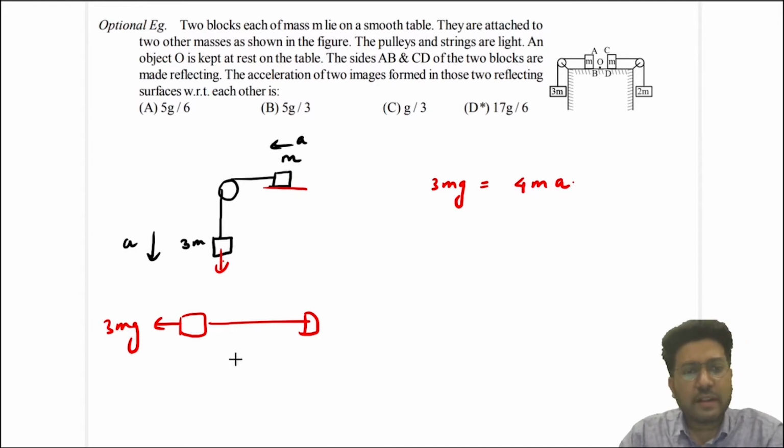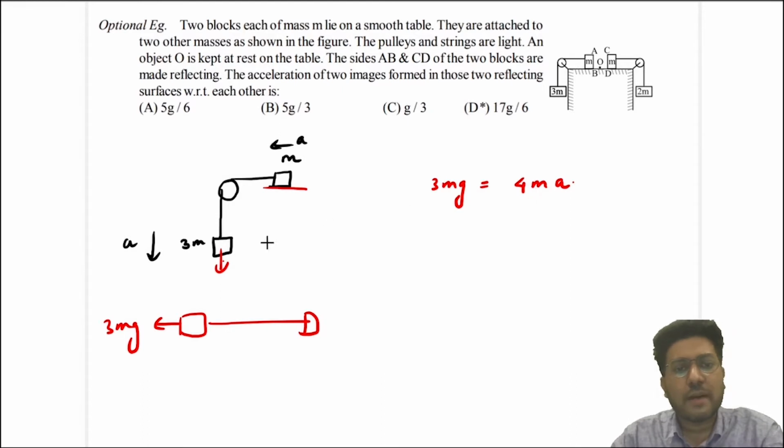So the net force on the two particle system will be 3mg and that will be equal to total mass, that is 3m plus m, 4m into A. Tension becomes an internal force when you take the two particle system. So from here you will get A is equal to 3g by 4. So this is the acceleration of the mirror A.